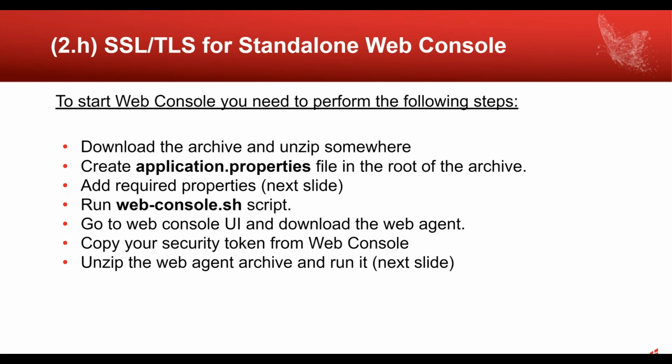Then you need to run the web-console.sh script to start Web Console and download the web agent from the UI. I will show how you can do it. You also need to copy the security token related to your user from Web Console, configure the web agent, and run it. So let's go to the next slide.